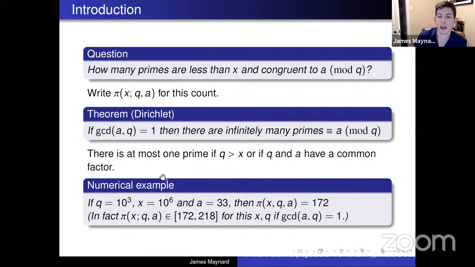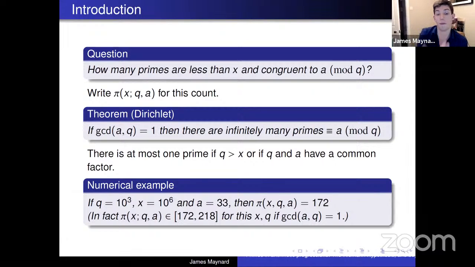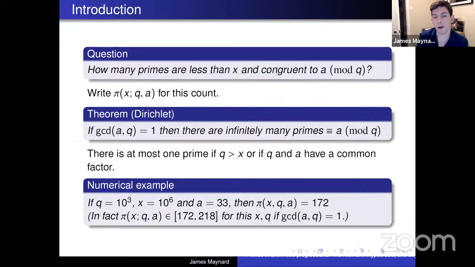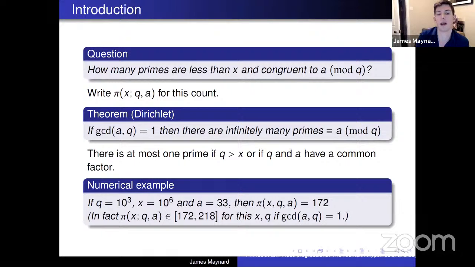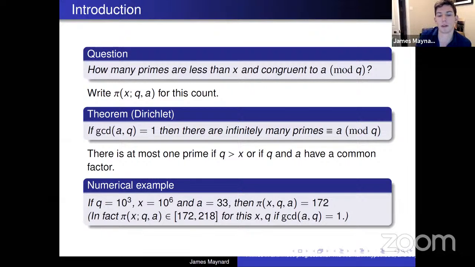And so you might guess from this numerical example that at least in the situation when q is a reasonable amount smaller than x, actually the primes are fairly evenly distributed in these different residue classes. For this particular numerical example, regardless of what choice of a you had, there wasn't too much variation in the number of primes in that residue class modulo q.